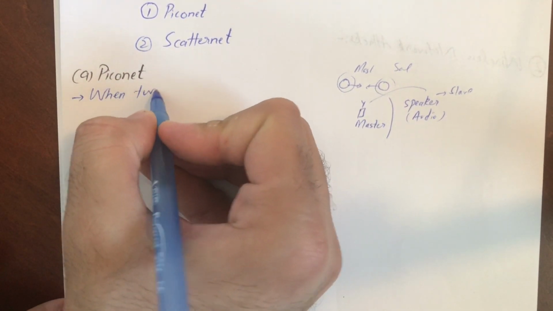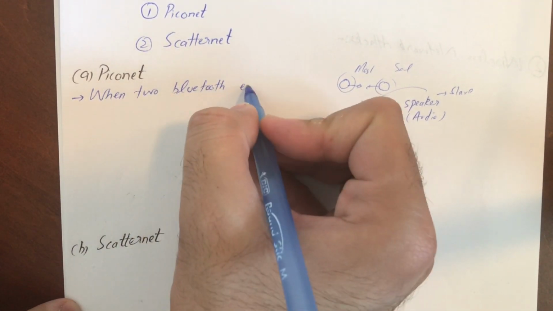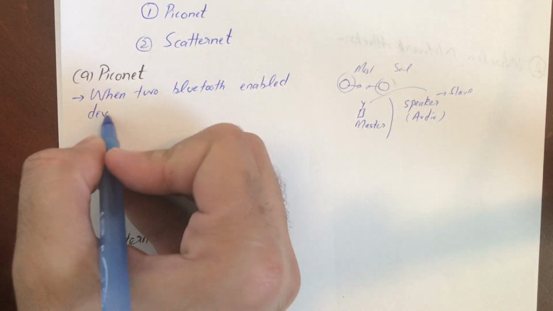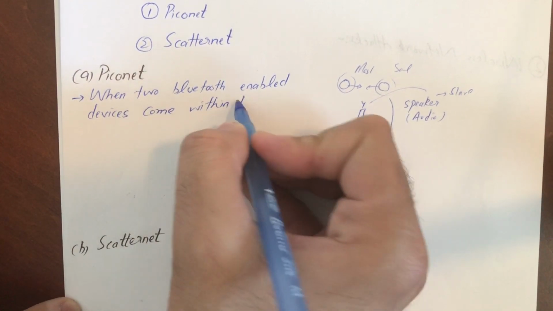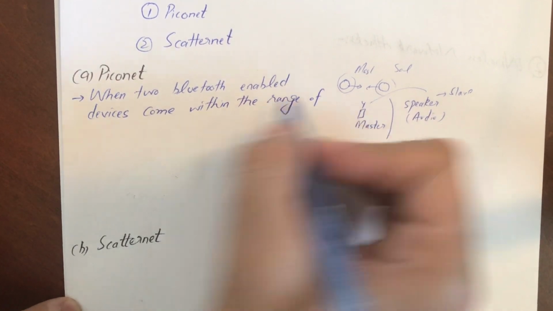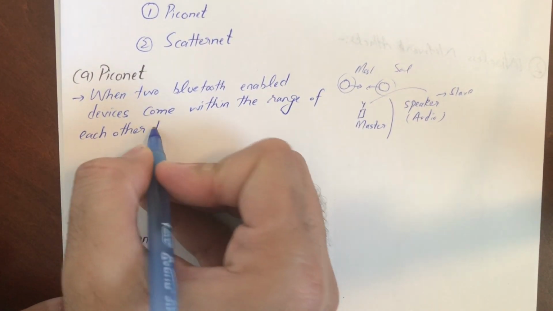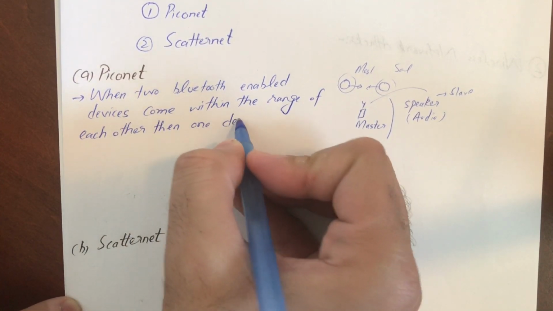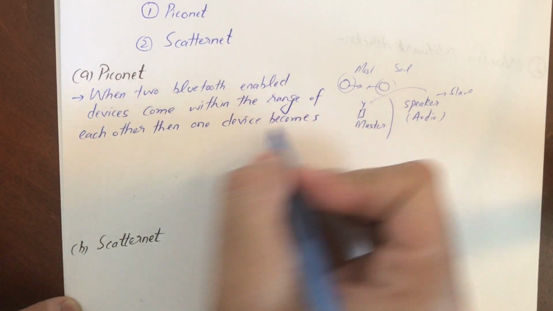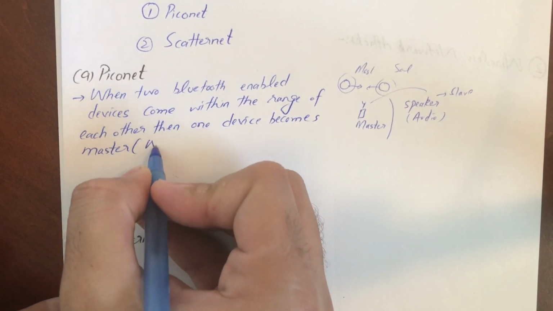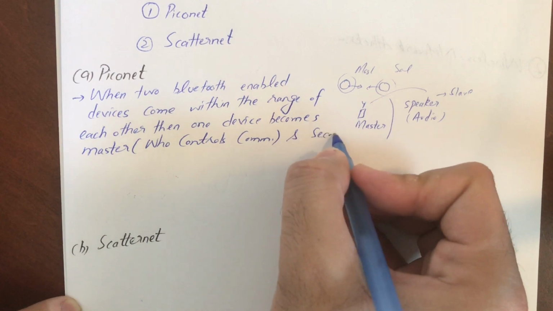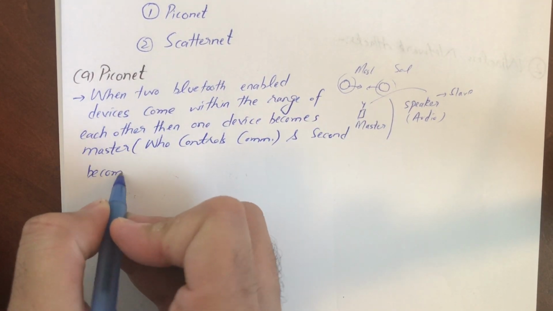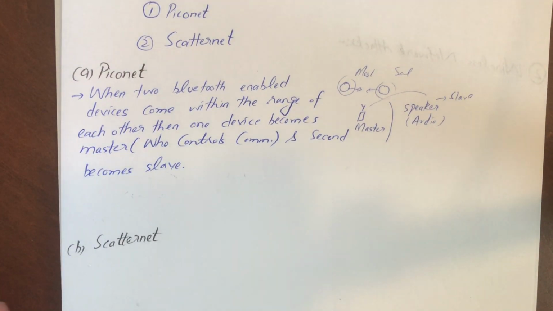So Piconet is basically when two Bluetooth enabled devices come within the range of each other, then one device becomes master, who controls communication, and the second becomes slave, who takes the order.